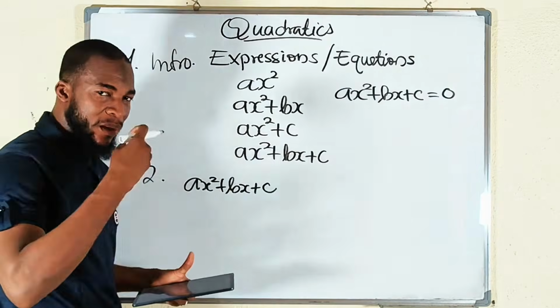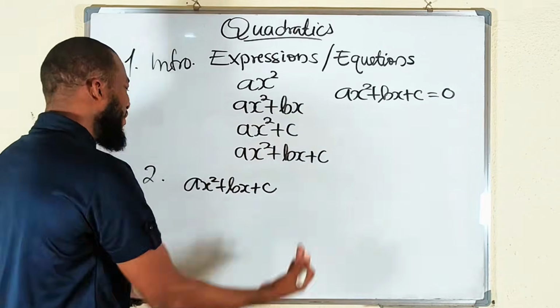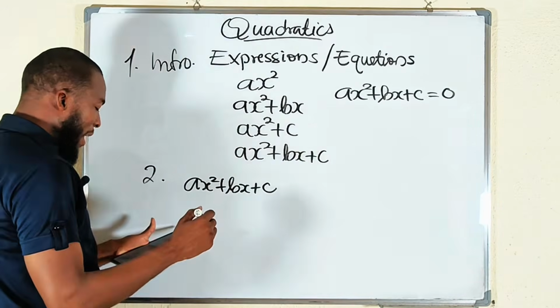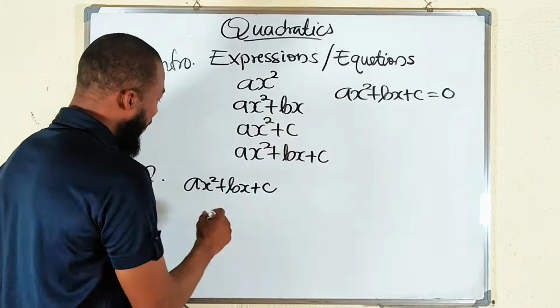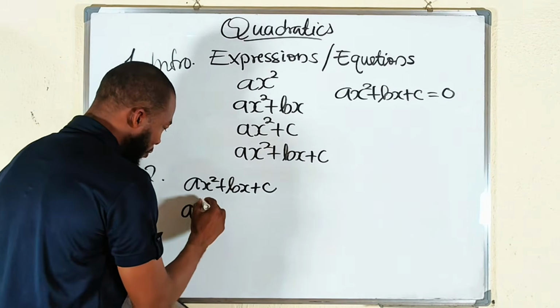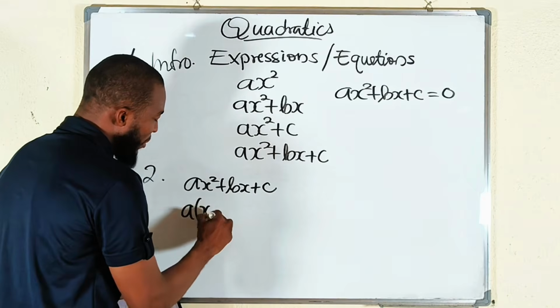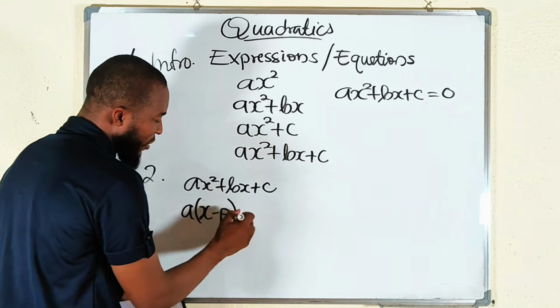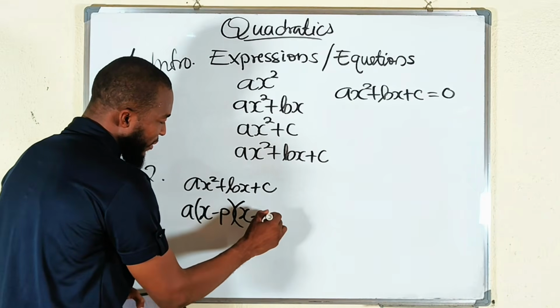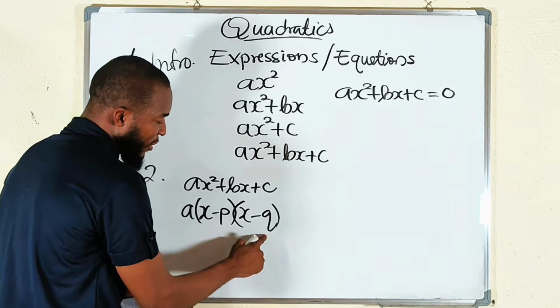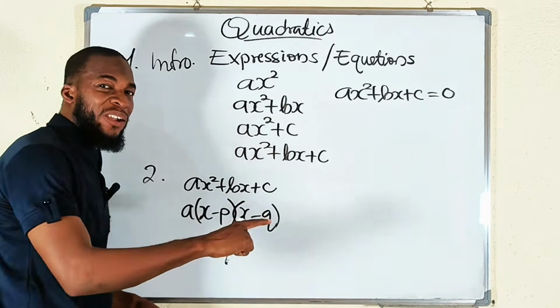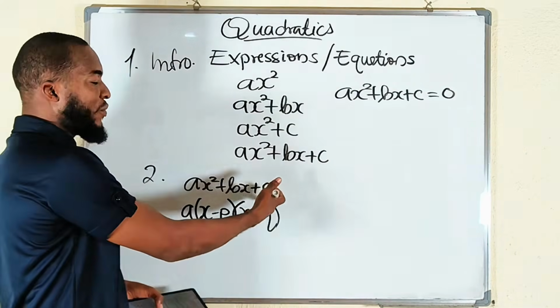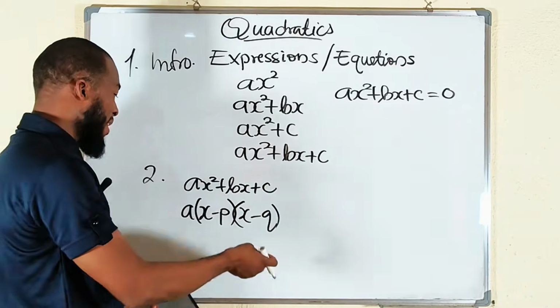I don't have to write everything, but as I write, I explain. You could have the factored form, like a multiplied by x minus p, where p is a constant, times x minus q, where q is a constant. So this is factored form, where the quadratic has been factorized.